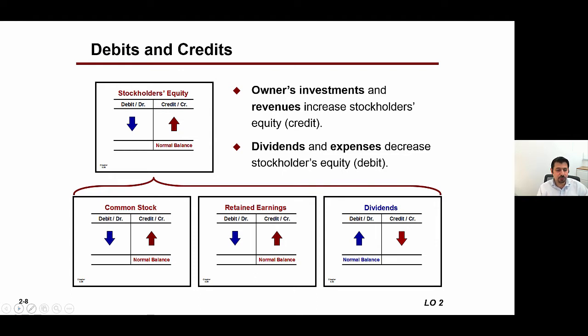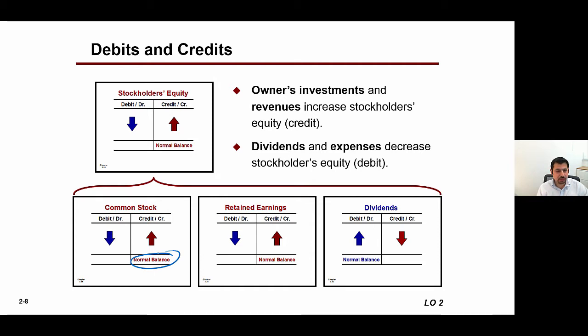Revenues, the more revenues you have, the higher stockholders' equity. The same thing can be said about common stock. When common stock increases, stockholders' equity increases as well. So it has basically the same behavior, like liabilities. So common stock has a normal credit balance.